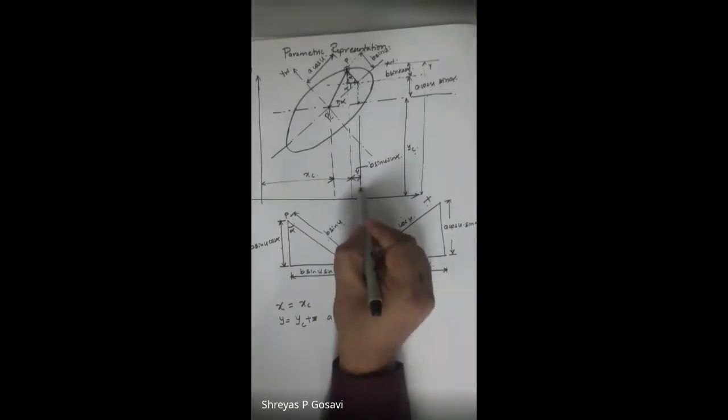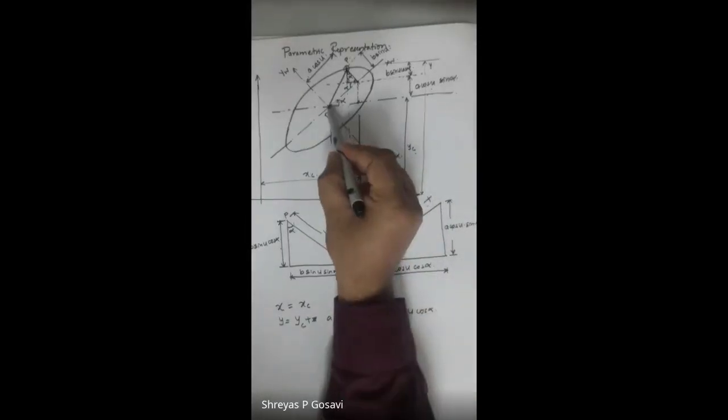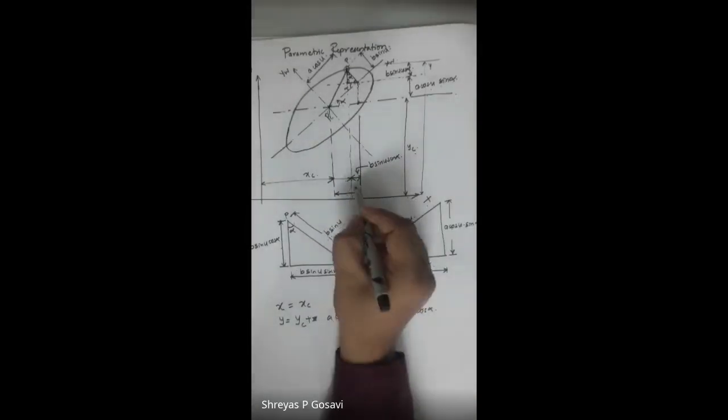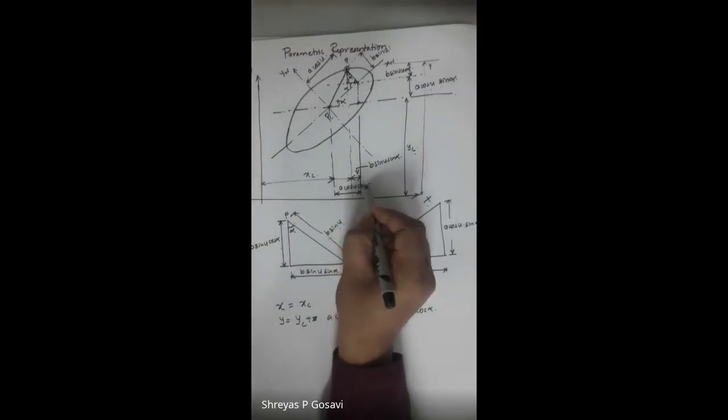So I now have the distance a cos u into cos of alpha, which is the distance between these two points.